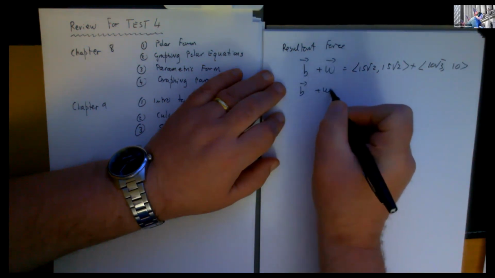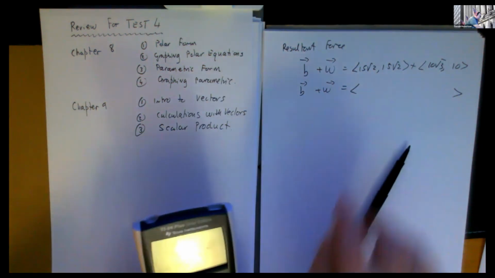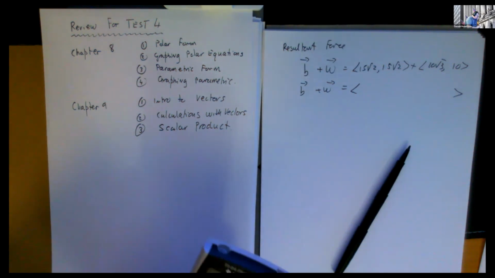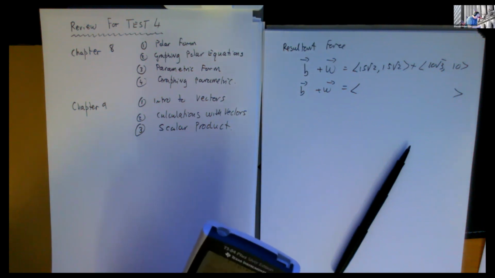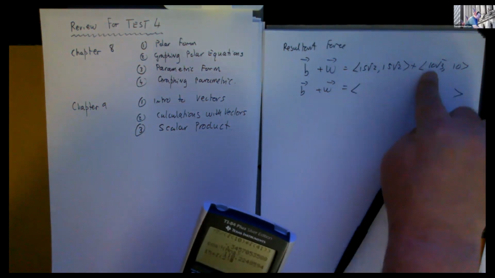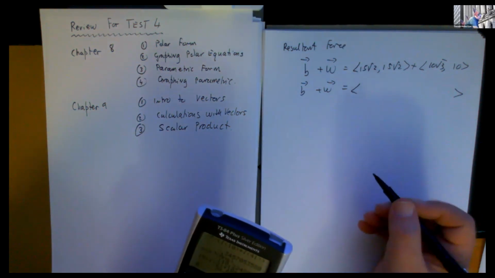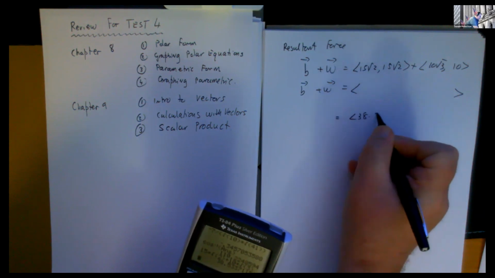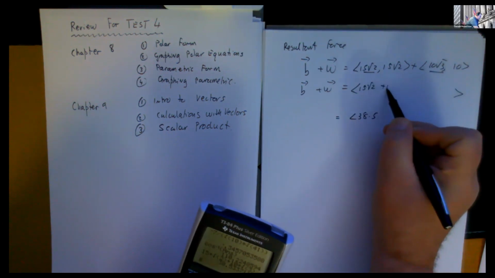And typically it's round about this point that I use my calculator and turn these into decimals. So if I go 15 times the square root of 2, and then I add 10 root 3, I get the decimal 38.5. So that would be add the x component here to that x component there.